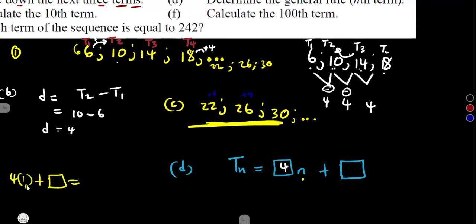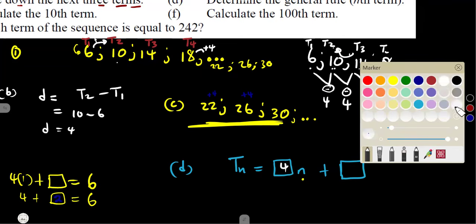The number in position T1 is 6. 4 times 1 is 4, plus what to get a 6? That's a 2. 4 plus 2 is 6. So the number that we need to add is a 2.